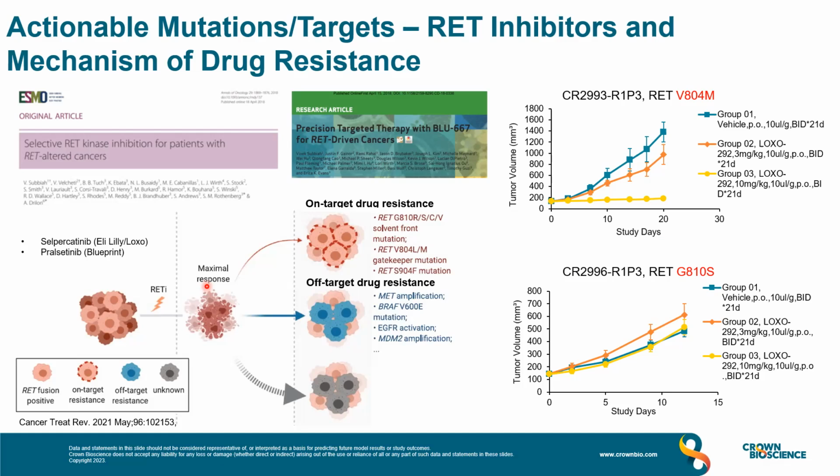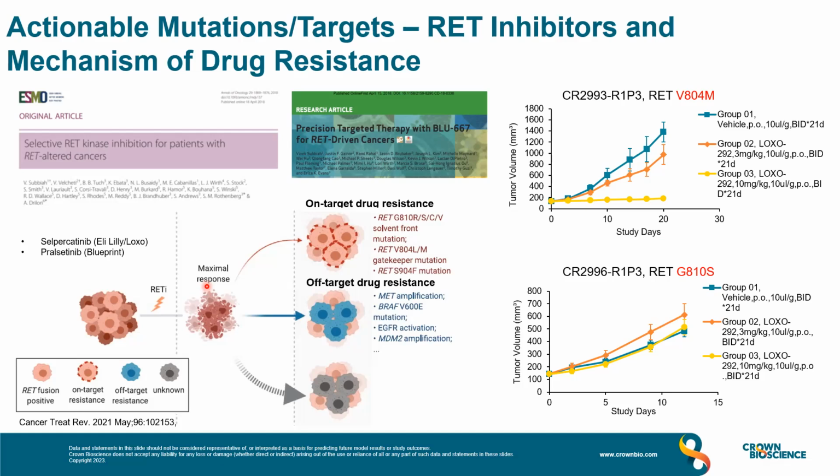Activating RET alteration, which is induced by gene fusions or point mutations, occurs in many different solid tumor types, including non-small cell lung cancer, breast cancer, and colorectal cancer. And just very recently, 2 RET-specific tyrosine kinase inhibitors were approved by the FDA for the treatment of thyroid cancer and non-small cell lung cancer.